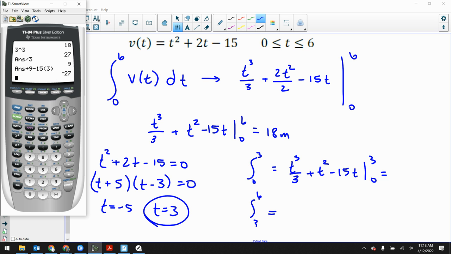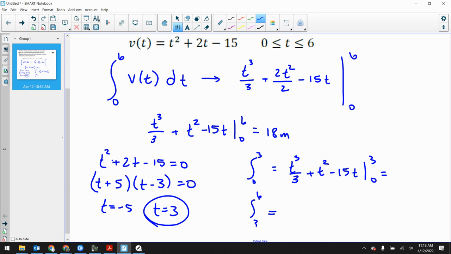Okay, so there's the one I'm going to make positive, right? That negative 27 is just going to be a positive 27. Why? Because I'm looking at total distance traveled here, right? Even if I'm moving in a negative direction, I just want to see how far I'm moving.